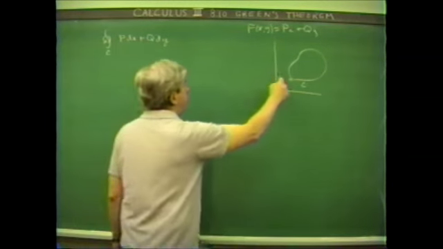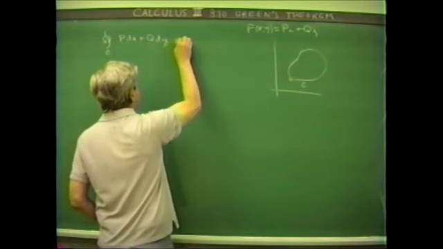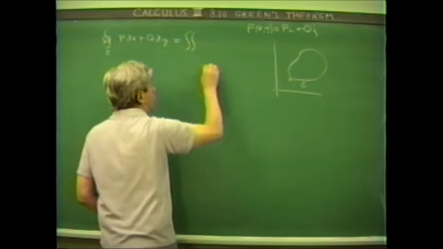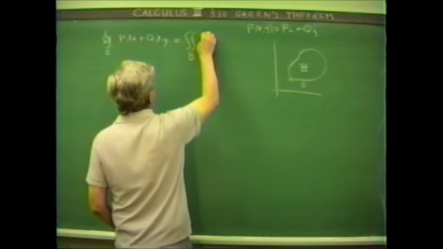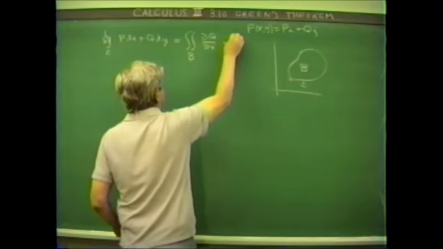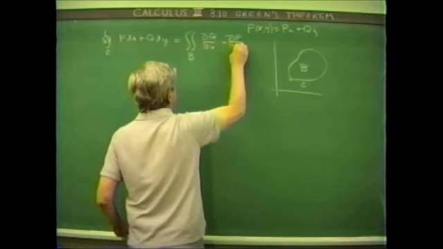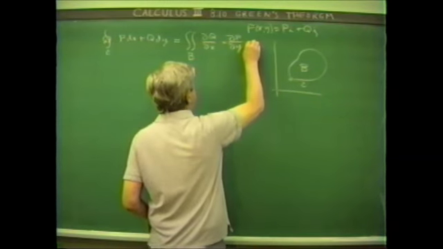This integral, this is your normal work integral going around this curve, is given by the double integral over the bounded region of the partial of q with respect to x minus the partial of p with respect to y. And then this is with respect to area.